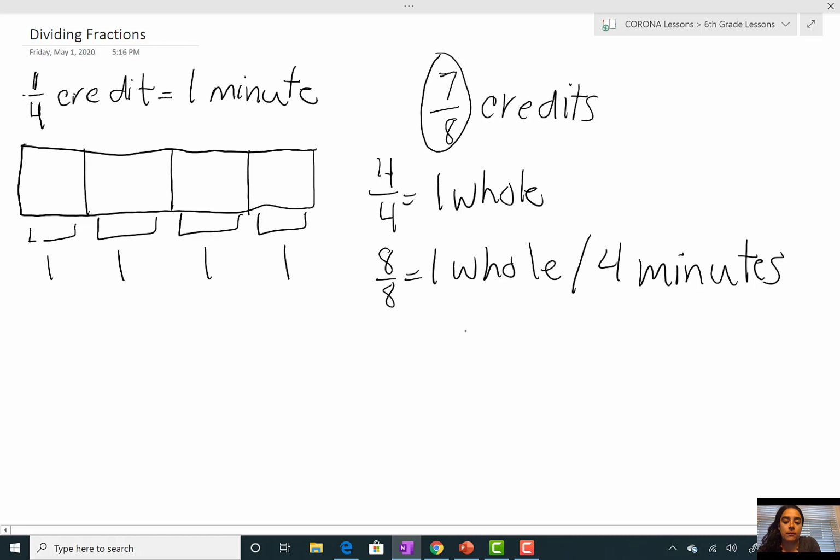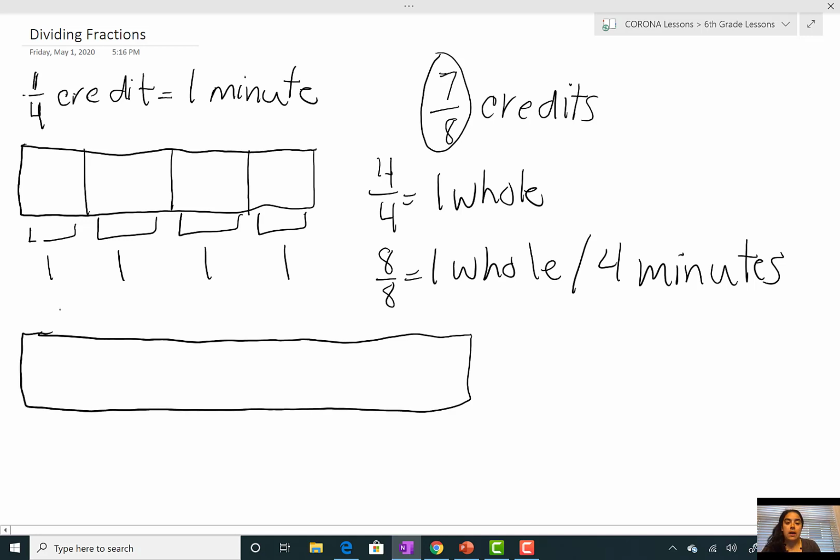What if I draw a model? So I'm going to draw a bar model, and I'm going to split it into 8s. So we have 1, 2, 3, 4, 5, 6, 7, 8. I have 8 pieces.